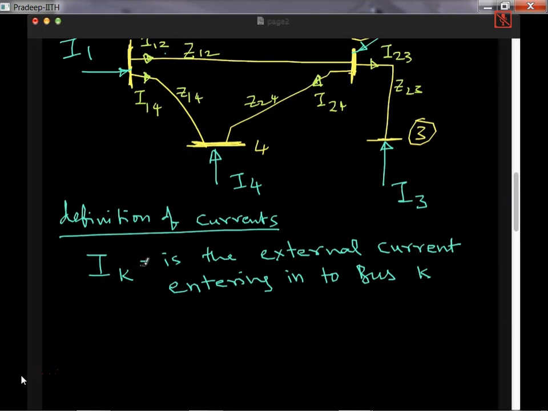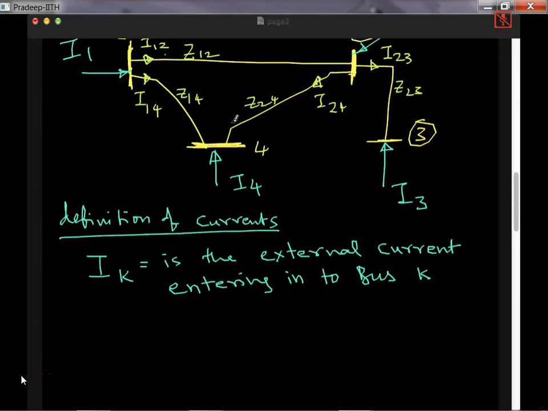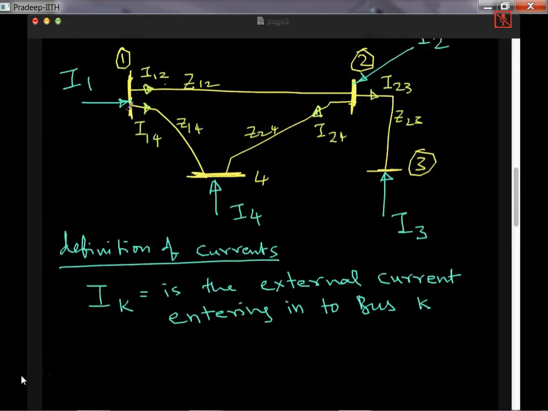We are not calculating the internal current. So what are the internal currents? I12 is an internal current, I14 is an internal current, I24 is an internal current, and all these things.